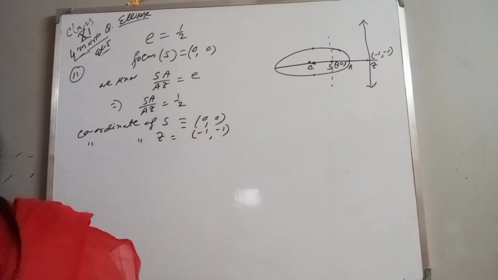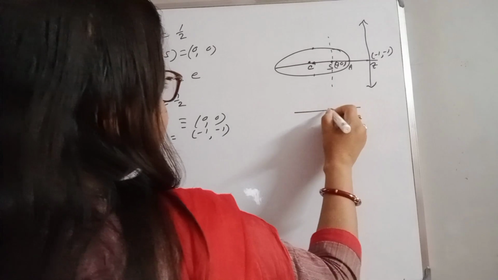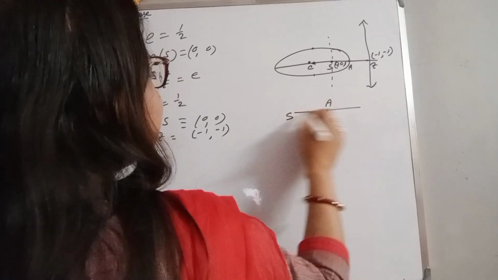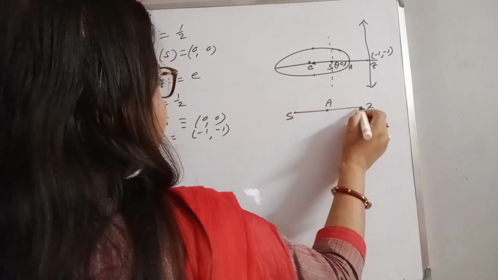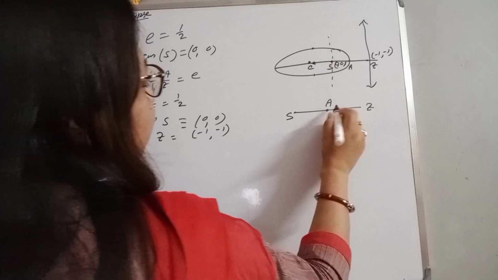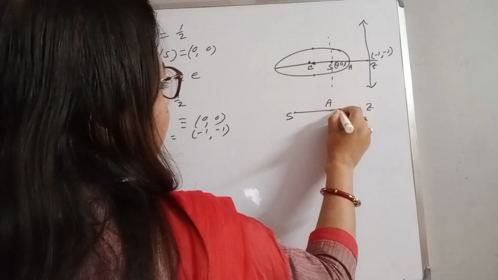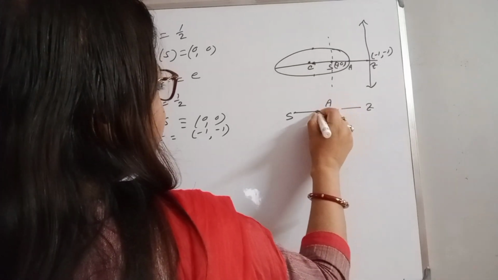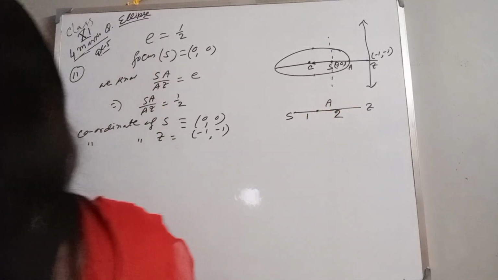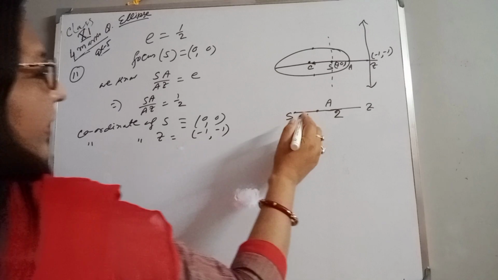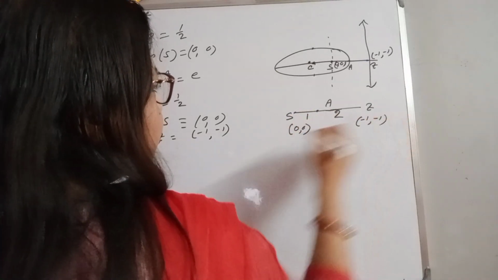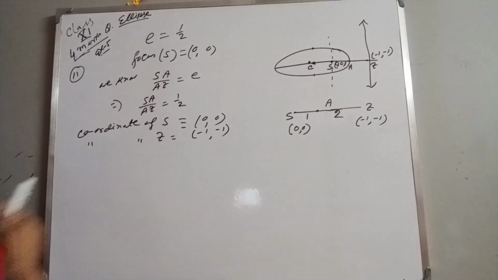Now A divides, if we write here, so this is A. Okay, if A divides the line segment SZ in the ratio 1 is to 2. Why 1 is to 2?